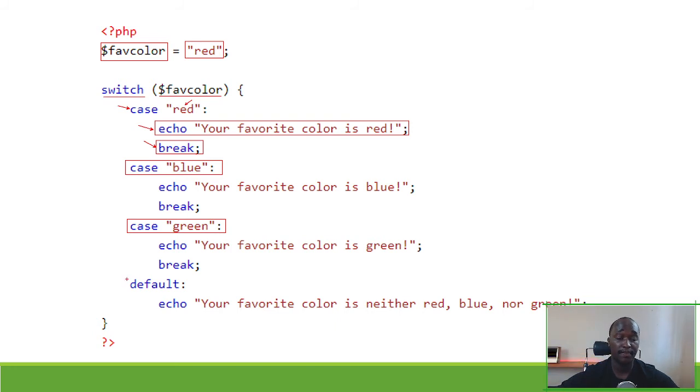Please remember that if all the cases do not match, we always have a default that will give some information to the user. The default case does not have a break because after it's executed, you're at the end of the switch. So you're safe, you don't need the break. Okay.